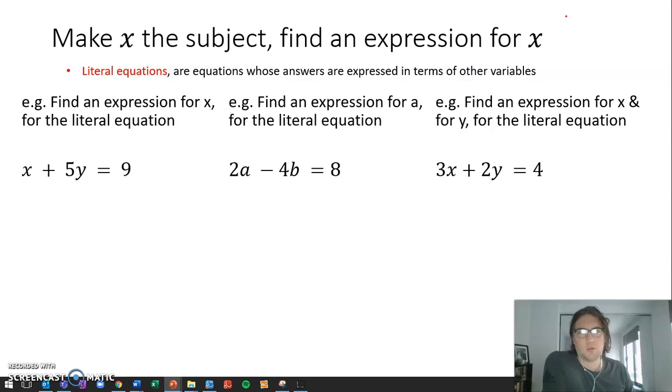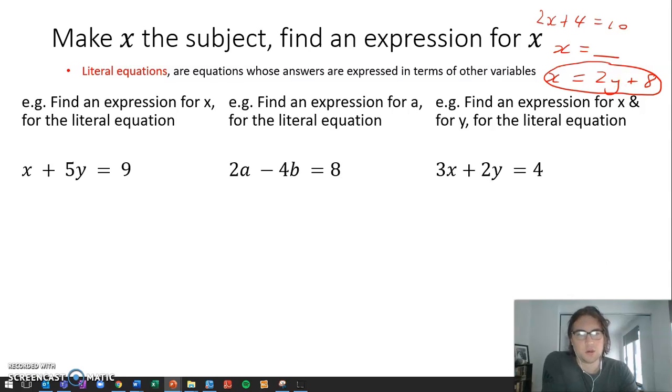You might have an equation like 2x plus 4 is equal to 10, and in the end I can get x is equal to some number, and that will be my answer. Literal equations will have x is equal to another variable. So this is a literal equation: we've got one variable given as the answer in terms of another variable.